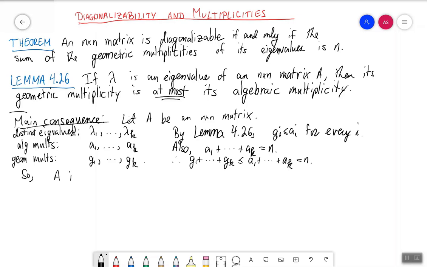we get that A is diagonalizable if and only if g1 plus dot dot dot plus gk is n, and this is by the theorem.